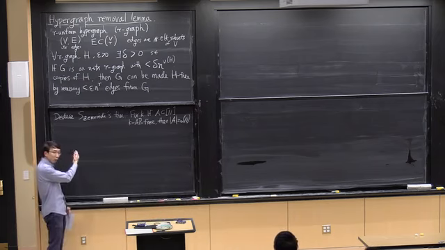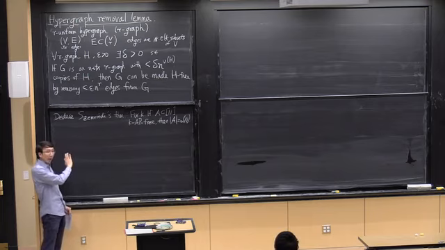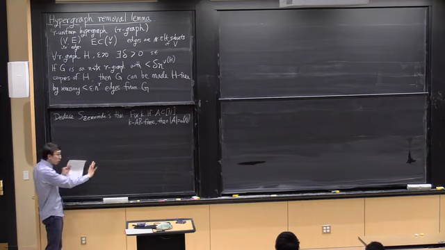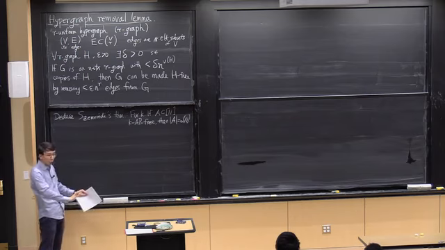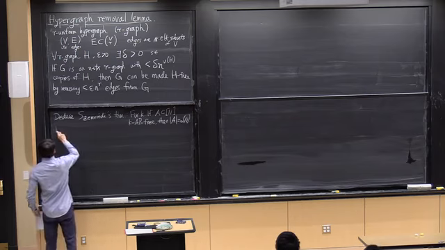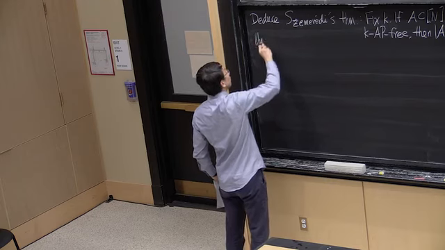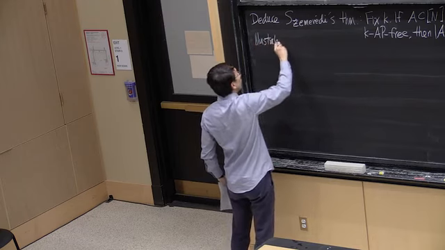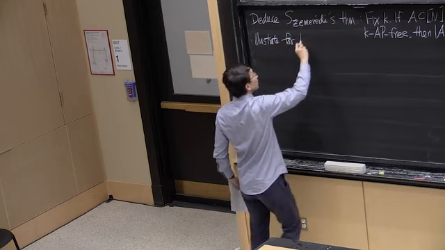Instead of illustrating how to do this proof for general k, I'm just going to do it for the case of k equals 4. And you can look at the proof, and it will be clear how to generalize. So we'll just illustrate the proof for 4-APs.